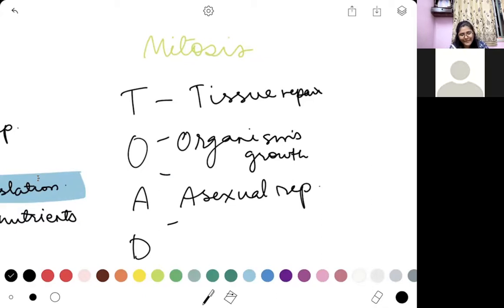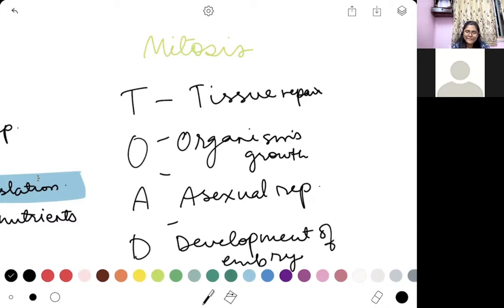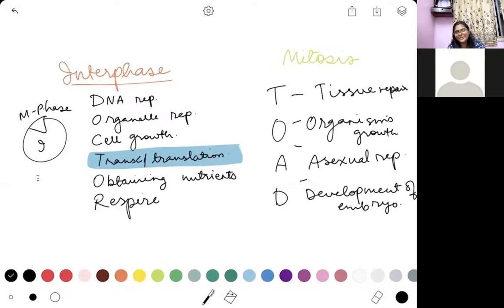And along with that, whenever the cell undertakes sexual reproduction, what you are going to observe is the development of the embryo. I'm going to write over here, development of embryo, and this is because your embryos are undertaking mitotic cell division.